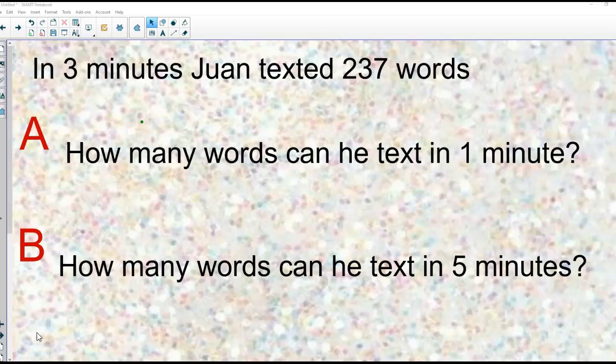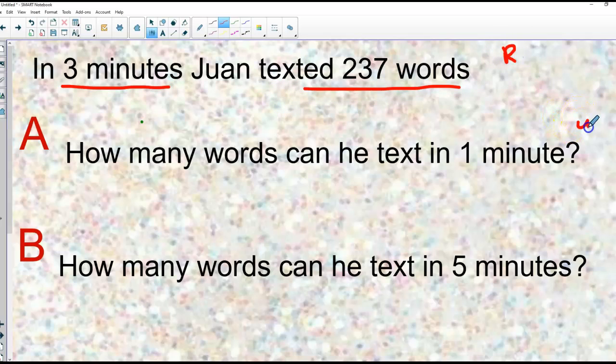This one says, in 3 minutes, Juan texted 237 words. So our questions are, how many words can he text in 1 minute? And how many can he text in 5? Okay, so again, as we look at this scenario, neither one of these talks about 1. So this is a rate.